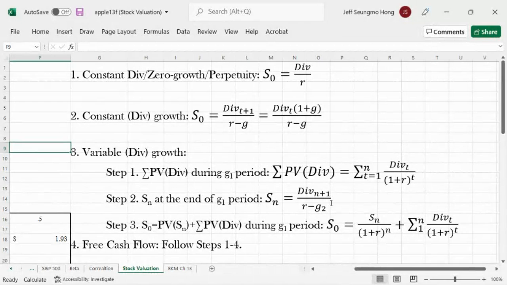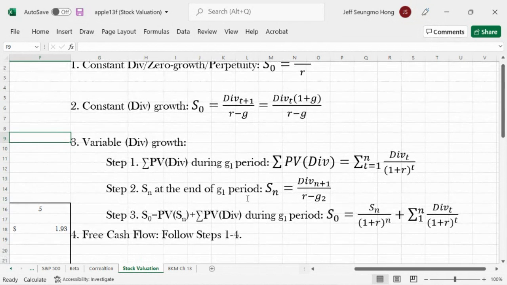And then the constant growth period is assumed to last for the foreseeable future, okay? And then step 3, we combine the two. So think about it. This is not S0, it's Sn. That's the price of the stock at time n. Time n is the end of the fast growth period, right?